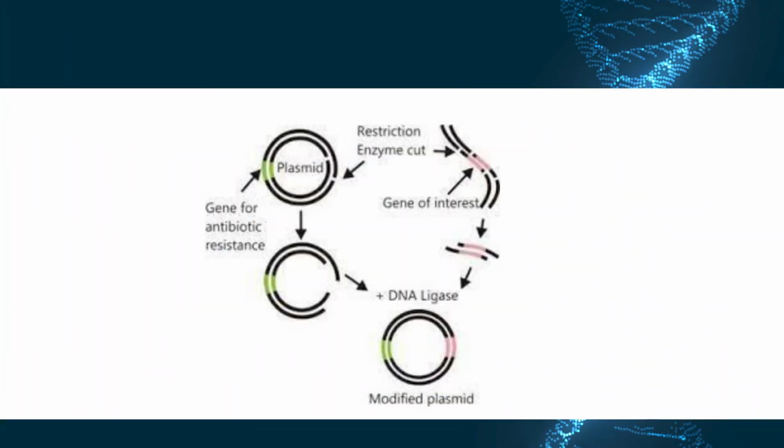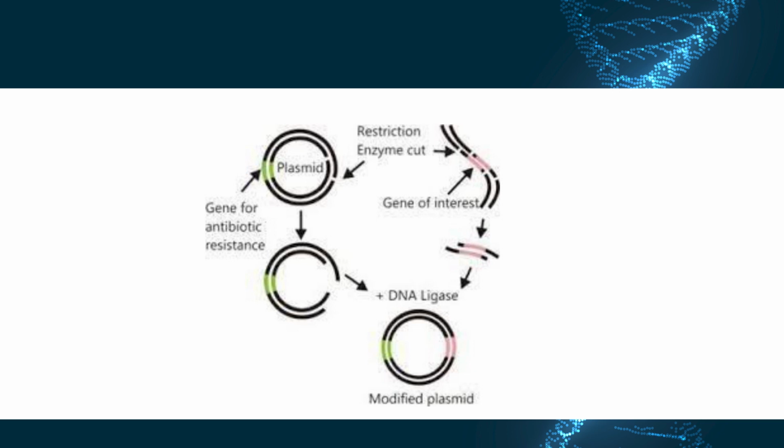Here is a figure that depicts the same, and I told you that these vectors have selectable markers. So, these selectable markers can be in the form of a specific gene. Here in this plasmid the selectable marker was an antibiotic resistance gene. Here we can see that the restriction enzyme was used for cutting the gene of interest. The gene of interest is basically depicted as pink in color in this particular diagram.